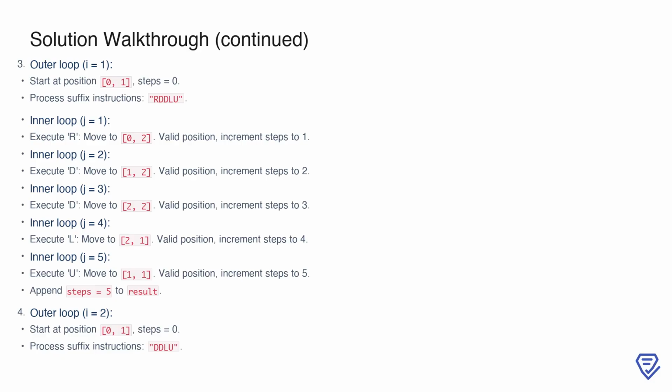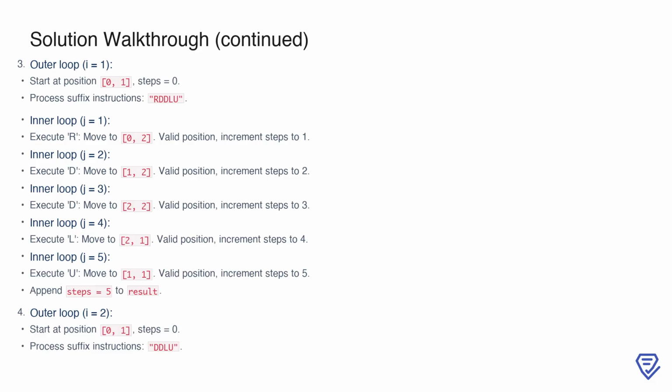Another D then takes us to 2, 2, which is still within bounds, so the step count increases to 3. The instruction L follows, moving us to 2, 1, and we increment the step count to 4. Finally, we process U, which moves us to 1, 1, resulting in a total of 5 valid steps for this suffix. We append 5 to our result list.